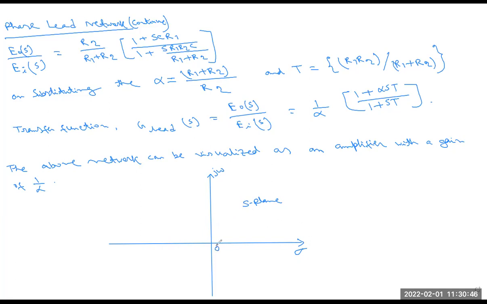This is the center point, 0. In the phase lead network circuit we have to consider one pole and one dominating zero. This is -1 by alpha. This is the pole-zero figure of the lead compensating network.